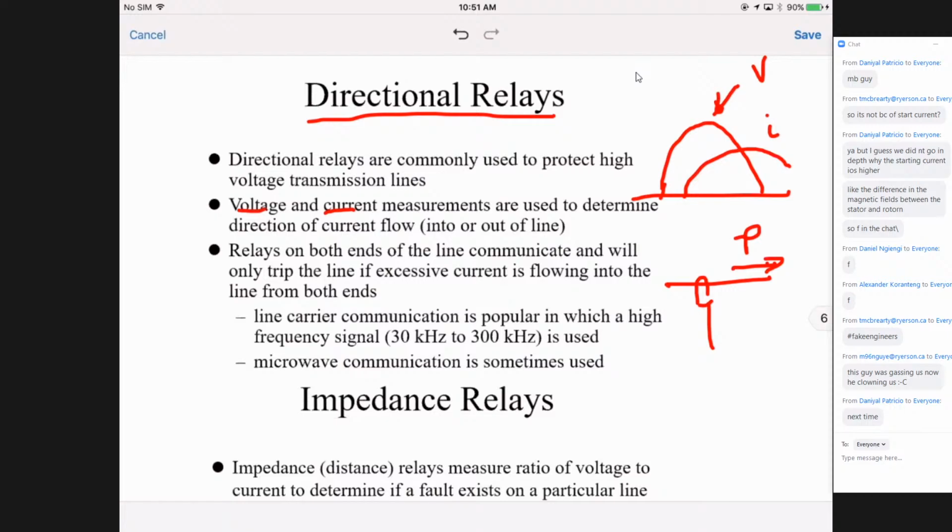Now, if the current is leading, still using the voltage as a reference, then you know the current is going backwards. We only use voltage and current. From the voltage and current, you will know the direction, and then you decide whether the power is flowing from left to right or from right to left, and how to protect it.